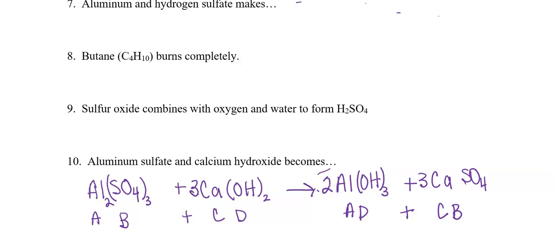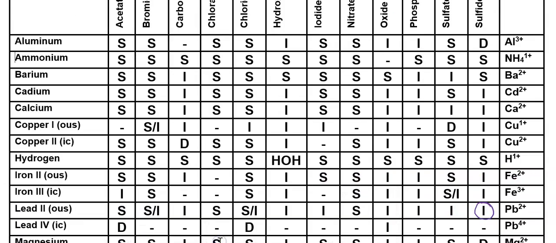I am now balanced. This is a double replacement reaction, and we know this because we're using two big molecules. So we need to make sure that one of these is, in fact, insoluble. Otherwise, this reaction didn't occur. These products don't even exist. They only exist on paper and not in real life. So let's look up aluminum hydroxide first.